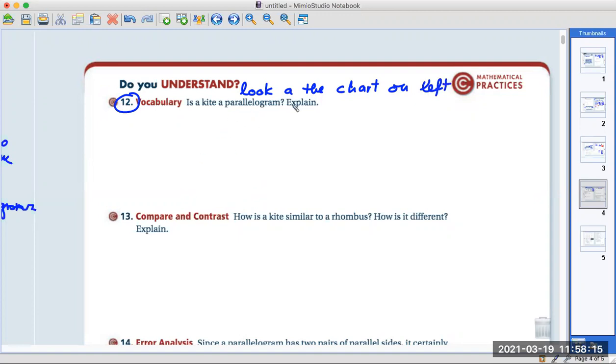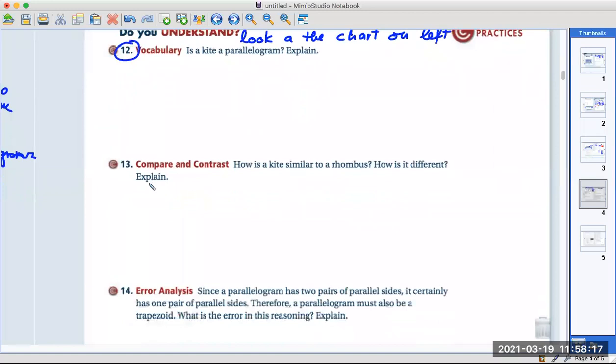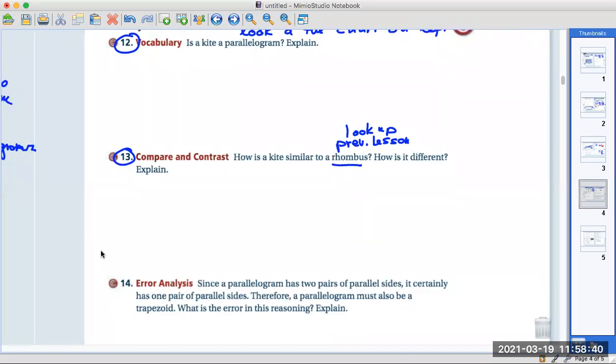And then you can explain yes or no. Compare and contrast, how is a kite similar to a rhombus? So you need to look back in the previous lesson and look at rhombus properties. Okay, rhombus. How is it the same and how is it different? And then come up with some of those.